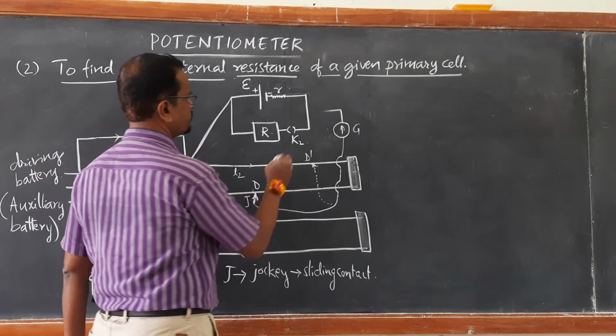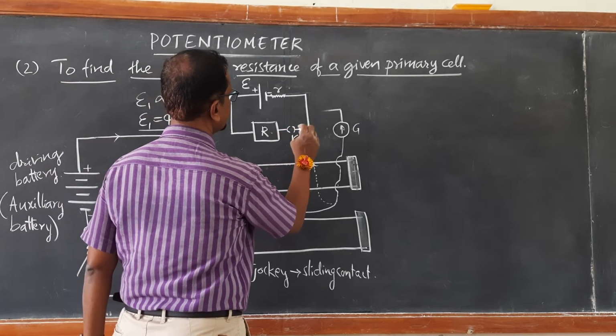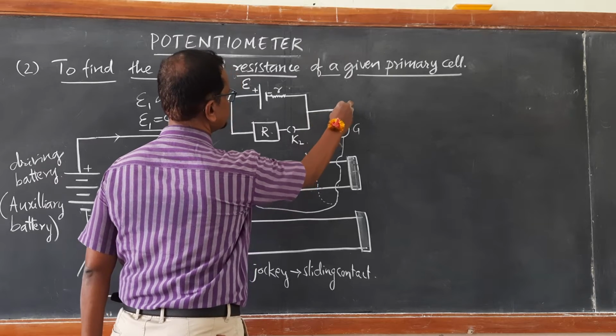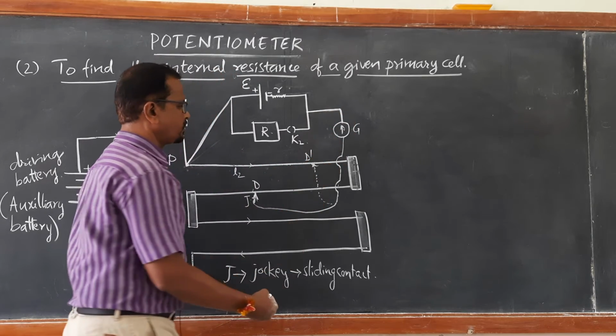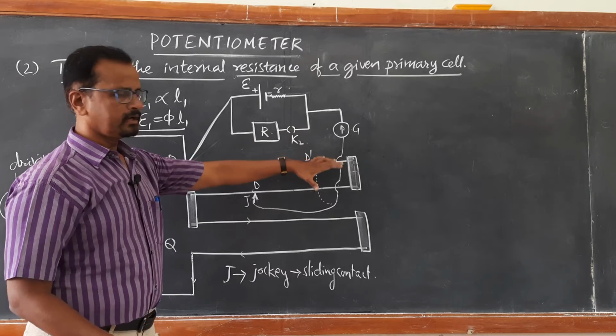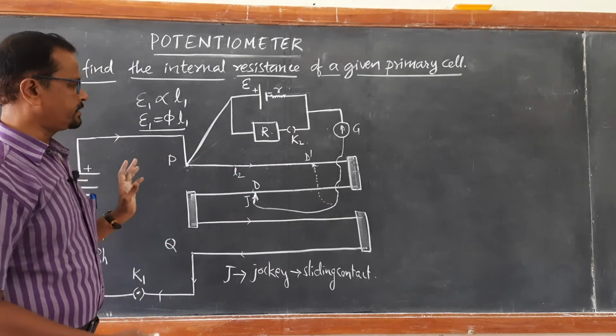Now here again it is connected to the galvanometer, and the other end of the galvanometer is connected to a jockey, right?